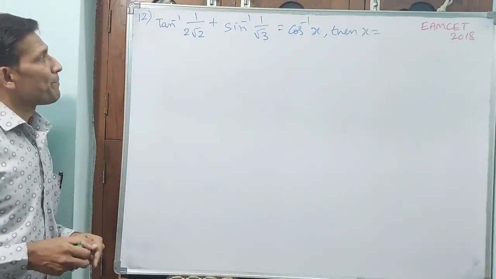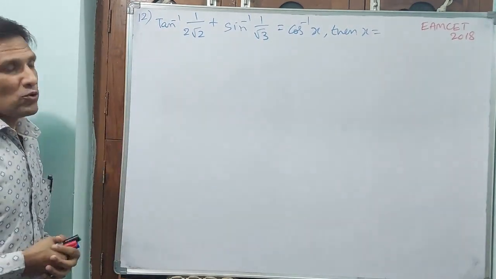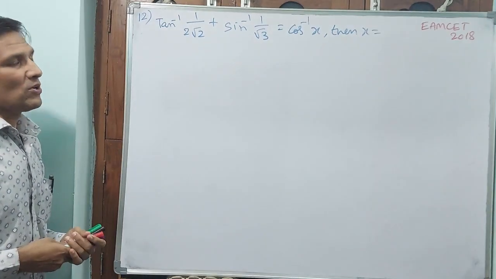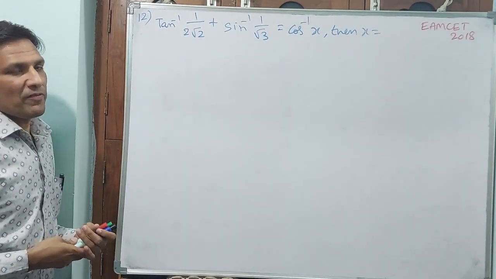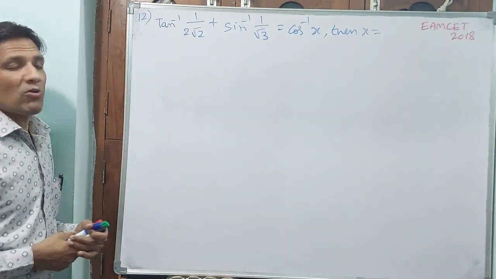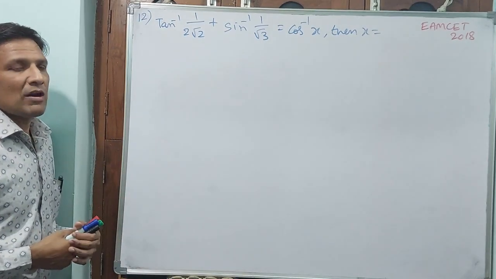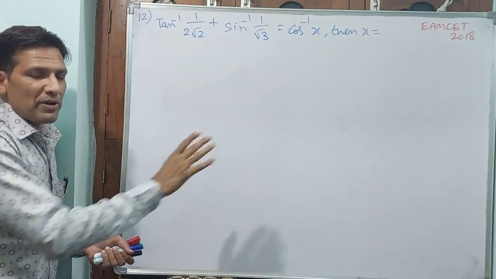Okay, see, tan inverse 1/2√2 plus sin inverse 1/√3 is equal to cos inverse of x. Then what is the value of x, they are asking? Okay, the answers they have given, I have not written. 1/√3 will come, but without those answers we get plus or minus 1/√3.